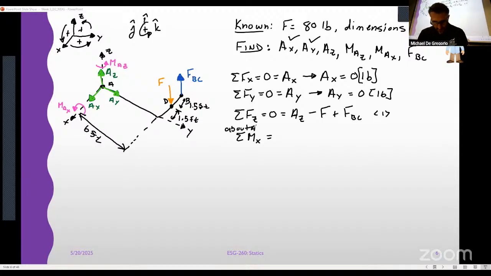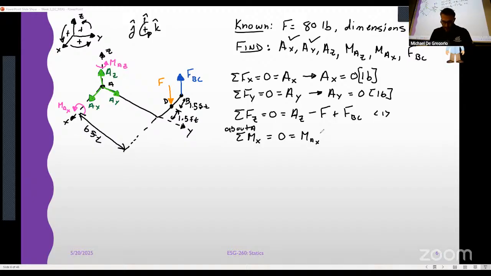Sum of the moments in the X direction. So what do we have? First off, we set it equal to 0. Then I've got to look at all my other forces. First thing is I have a positive applied moment, right? So that just goes right into our equation. What's next? We've got two other forces that we need to handle here, F and F_BC.